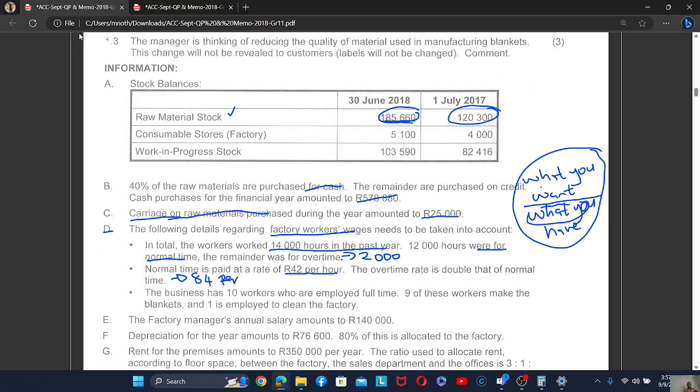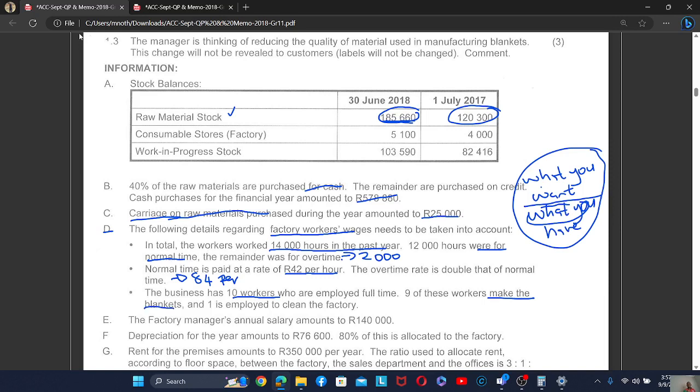And then they are saying the business has 10 workers who are fully employed. Nine of these workers make the blankets.